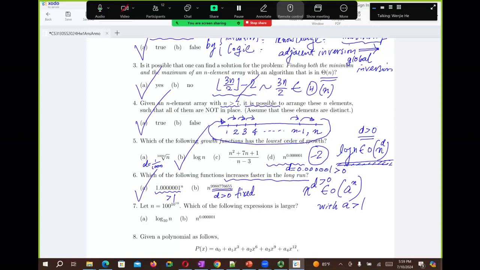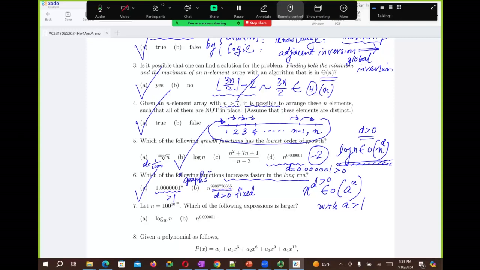That student tried to compare these two functions by drawing graphs. The curve of the first one is very flat, while the second one increases very fast.